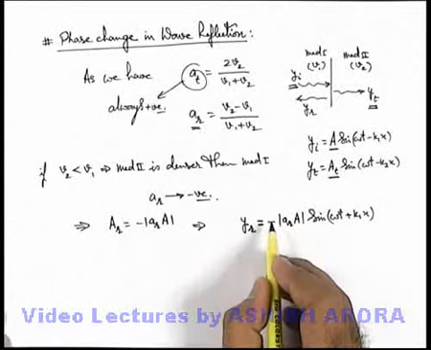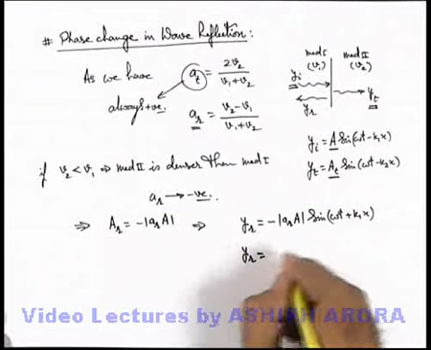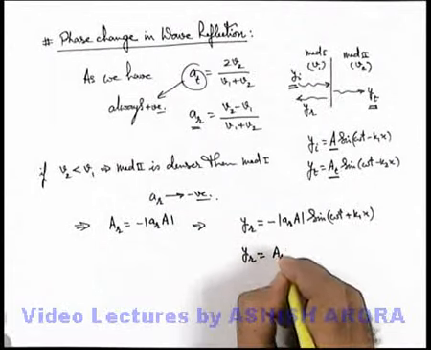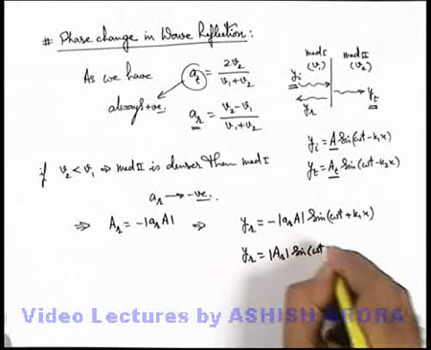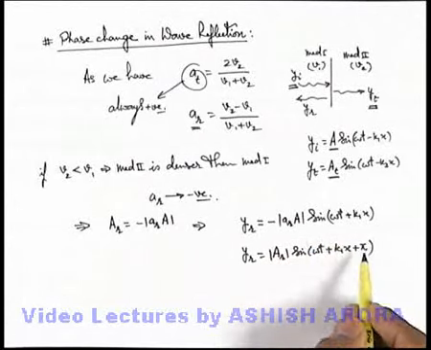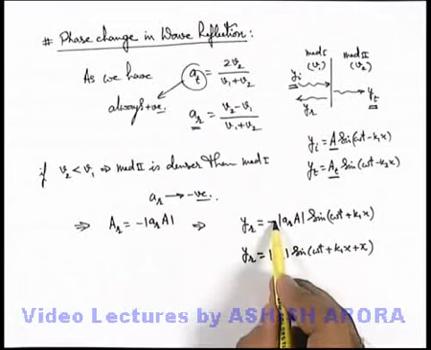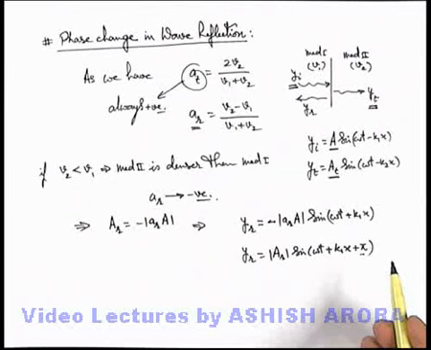This negative sign can be taken in, so it can be written as the magnitude of Ar sine of omega t plus k1x plus pi, because the negative sign is basically accounting for a phase change of pi radians.